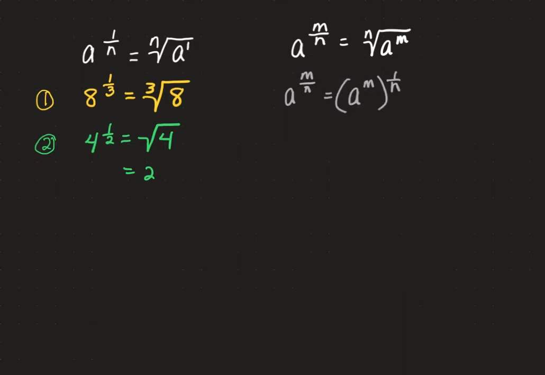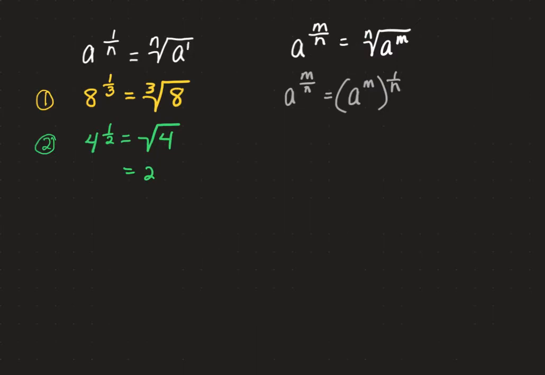Because we have that rule that says a power raised to a power means you can multiply the powers, keeping the base the same, or exponents if you prefer that term. Now, looking at the rule we've already established for a fractional exponent, a to the m will be under the radical, and n will be the index of our radical.